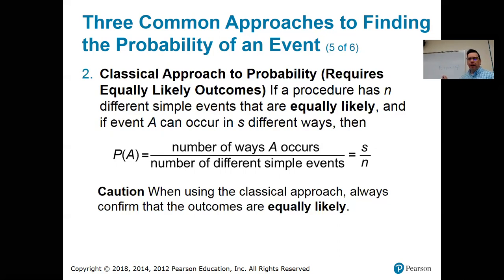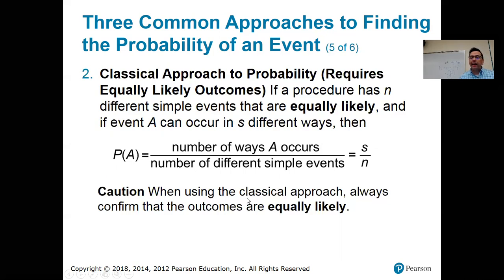So the classical probability for that event would have 8 on the bottom, and there were 3 different ways you could have 2 girls and a boy. Your boy could be the youngest, like in my family, or in the middle, or the oldest. So the classical probability of having 2 girls and a boy would be 3/8. That's an example of a classical approach to probability.